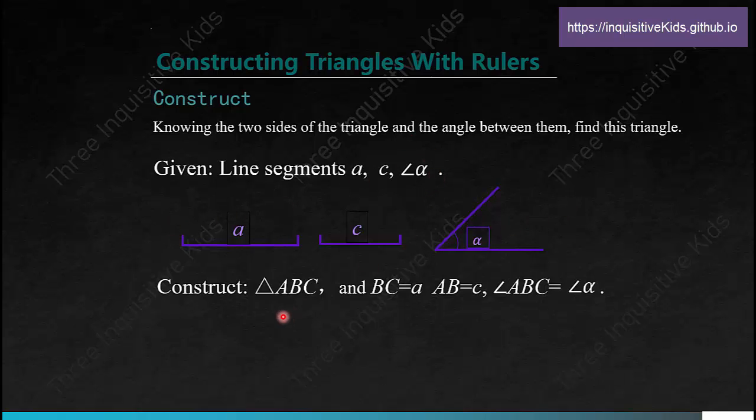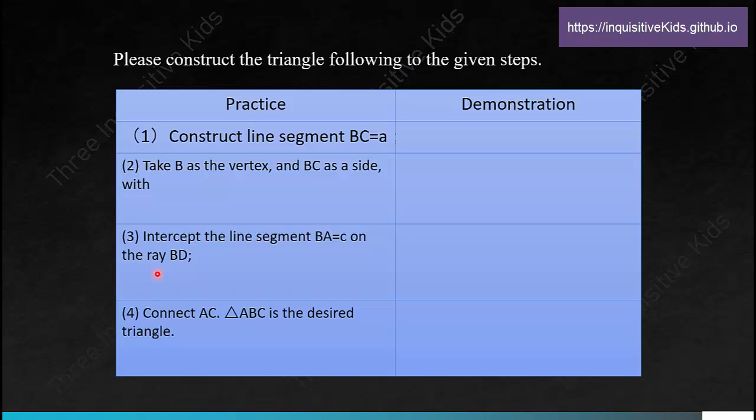Then I want you to construct another triangle ABC that's congruent to this first triangle you created over here. Please construct the triangle following the given steps. So first, I want you to take a piece of paper and do it on there, following the steps. So here's a practice, and we're going to have a demonstration.